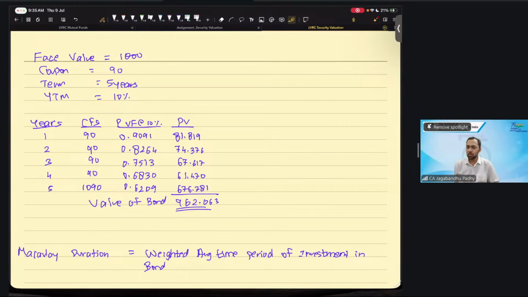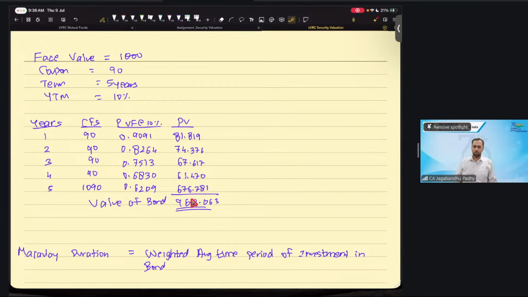No. You are going to receive some sort of cash flows, right? Out of 962.063, 81.819 in present value terms is actually received in 1 year. So we can't say that this entire 962 is invested for 5 years, because 81.819 is invested for 1 year, 74.376 is invested for 2 years, 61.47 is invested for 4 years, and 676, the largest amount, stays invested for 5 years.